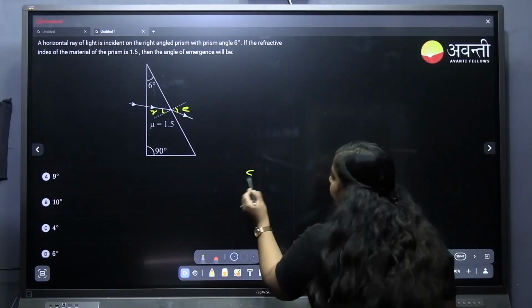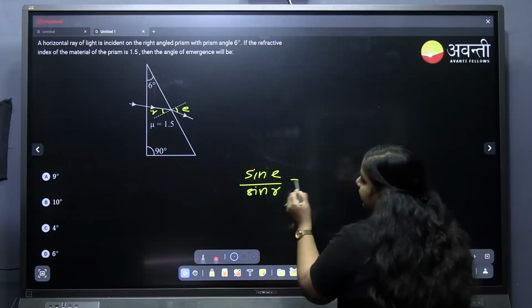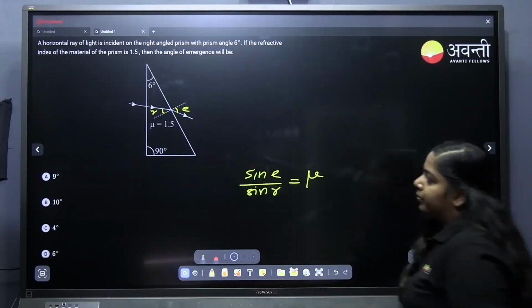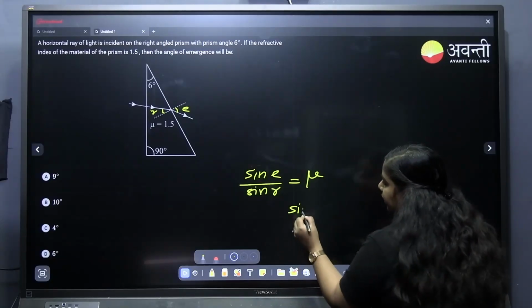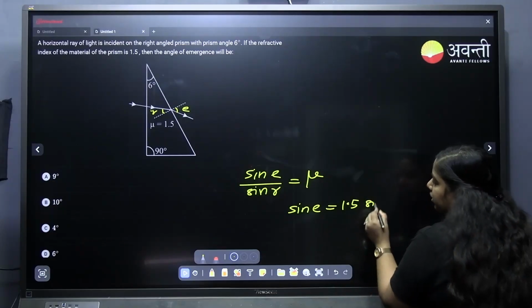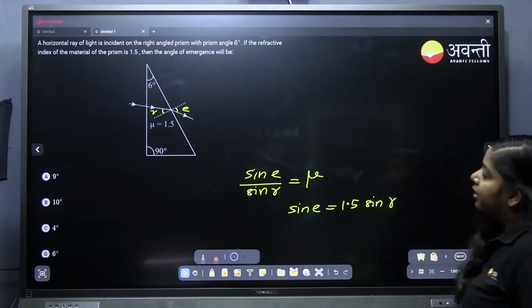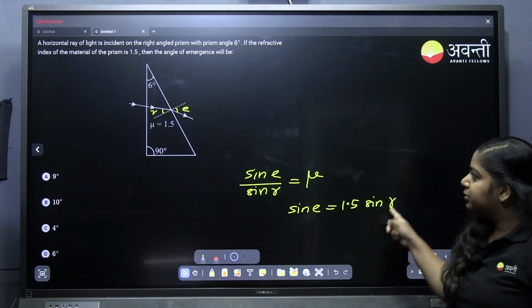Okay, sin E by sin R equal to mu. Okay, and mu equal to 1.5. So sin E equal to 1.5 into sin R. We have to find E, right? Now let's see. Since angle of prism is very small, R will also be small.